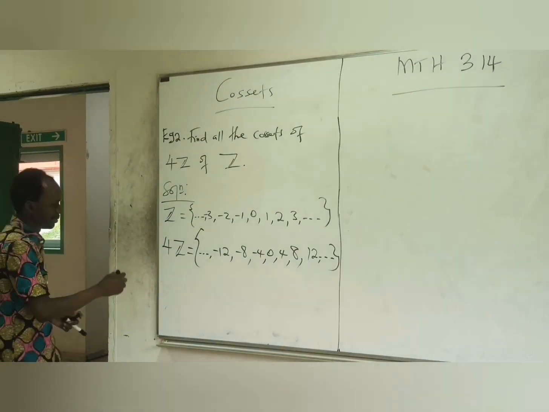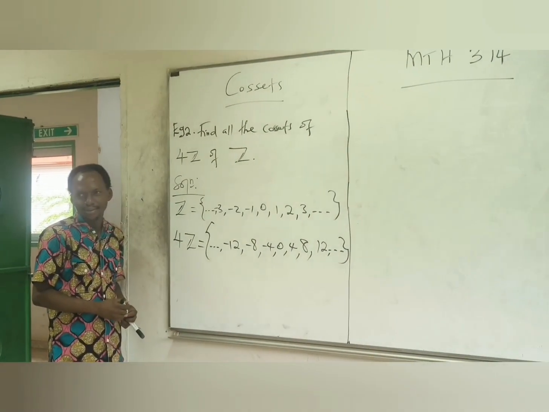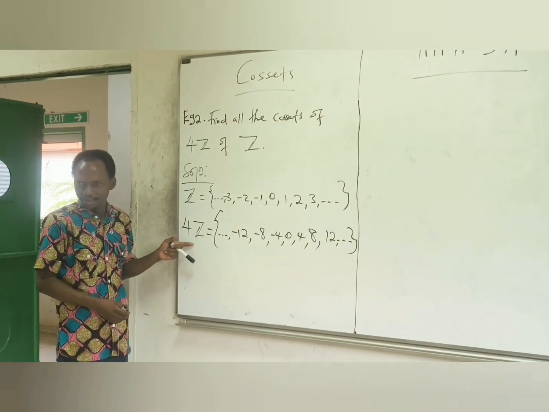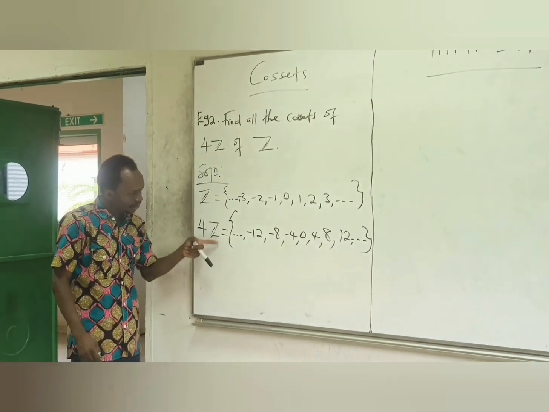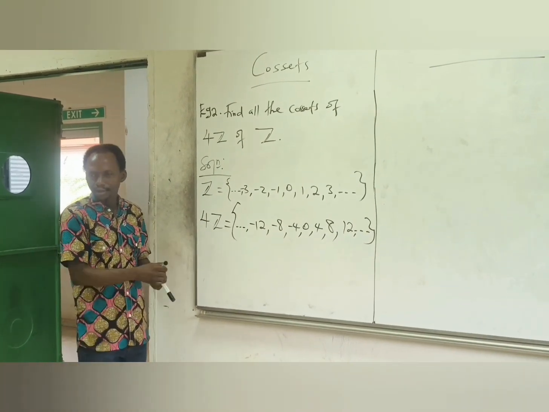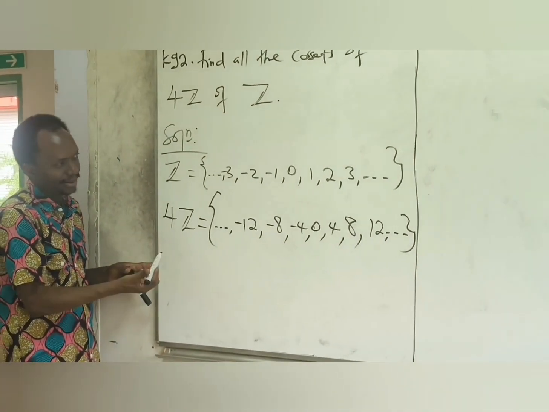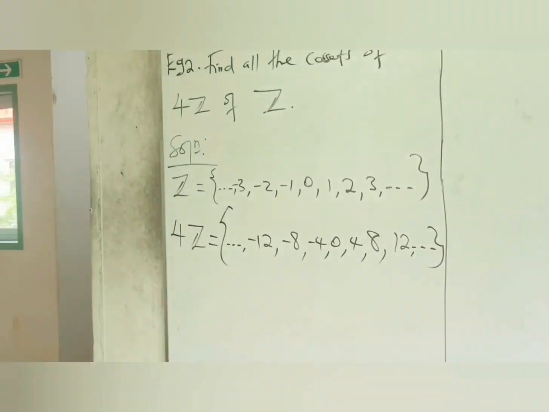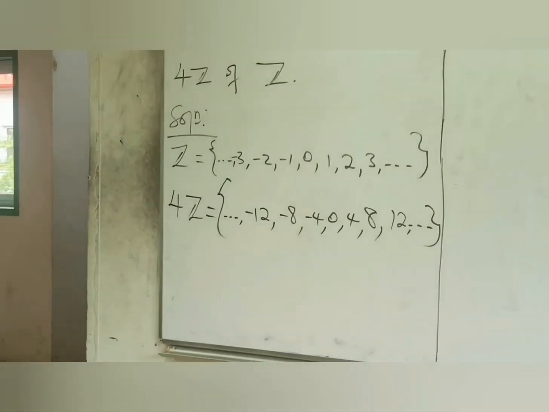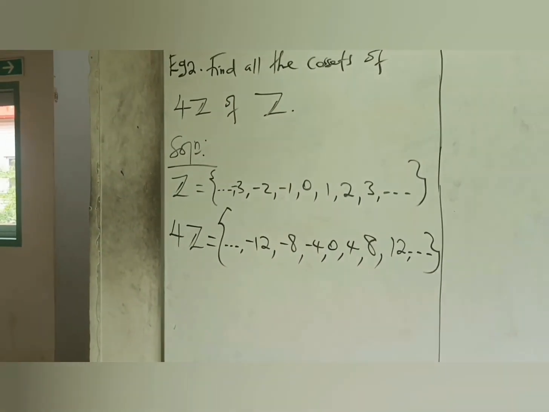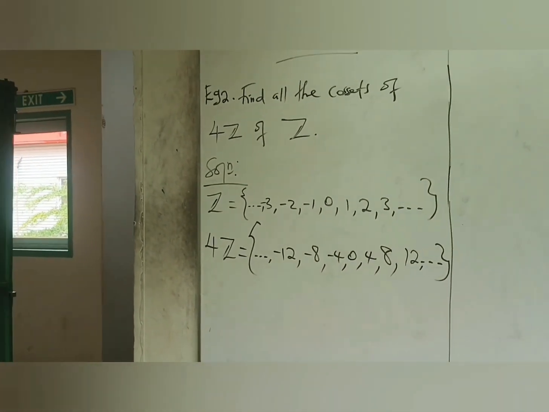Cosets. Who can tell that? This is our subgroup, is that not it? This one is the subgroup of the question. So how do you find the cosets? What did we do in the first example? Who can tell us? We added individual elements of the subgroup individually to each element of the main group to get our coset.